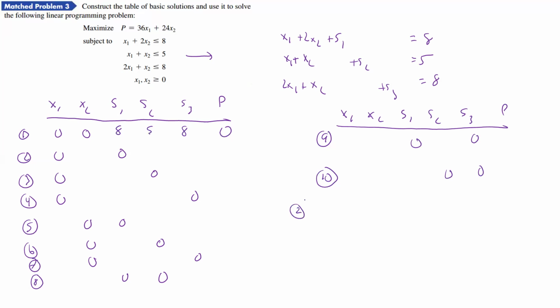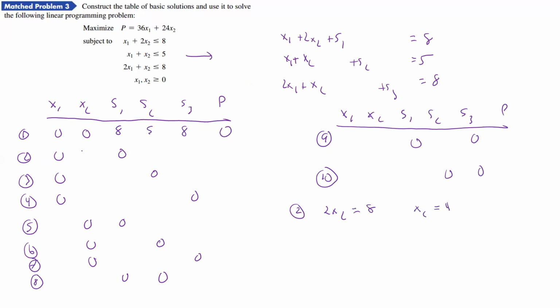What do we have to do here? So now we have x1 and s1 are 0. So x1 is 0 plus 2x2, s1 again is 0, and that's going to be equal to 8. So x2 is equal to 4.